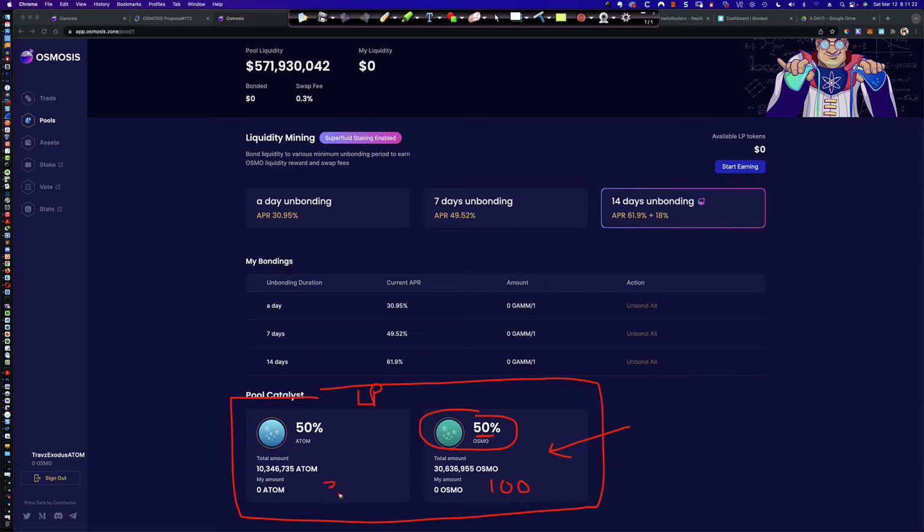I'll just leave it at 100 here. So if it's 100 Osmo that make up this half of the LP pairing, then half of that, or 50 of those Osmo, I'm going to be able to earn the Superfluid Staking APR on. That's the discount factor that's being referred to.